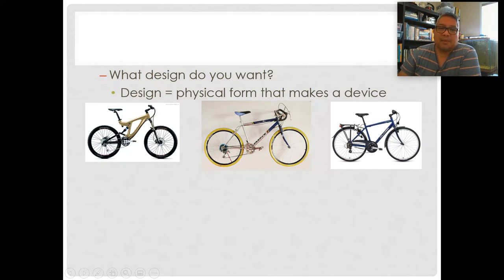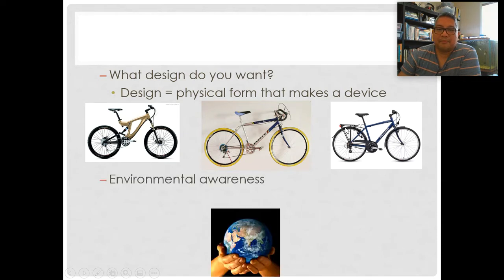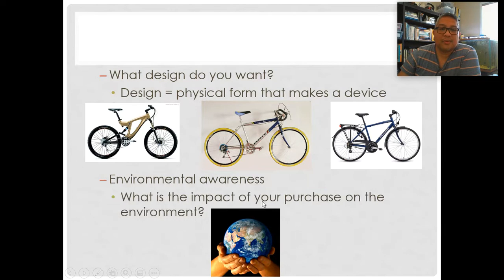And is there anyone accompanying you so they can use the seat at the back? And how much impact does your bike have on the environment? Does this require more energy to make? Those are the things that you need to consider. What is the impact of your purchase on the environment?